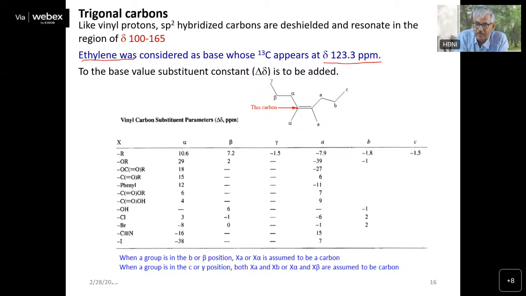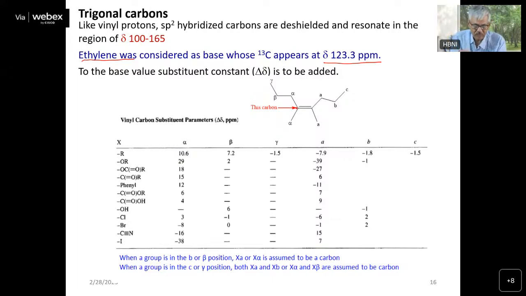See, when this substituent is, let us say, R group, if it is at the alpha position, it is 10.6. If it is in the beta position, it will be 7.2. In the gamma, it is minus. And when it is in the A position, it is minus 7.9. When it is in the B position, minus 1.8, and C position, minus 1.5. So depending on which group, you can see that for all groups, depending on their position, the substituent values have been shown here.